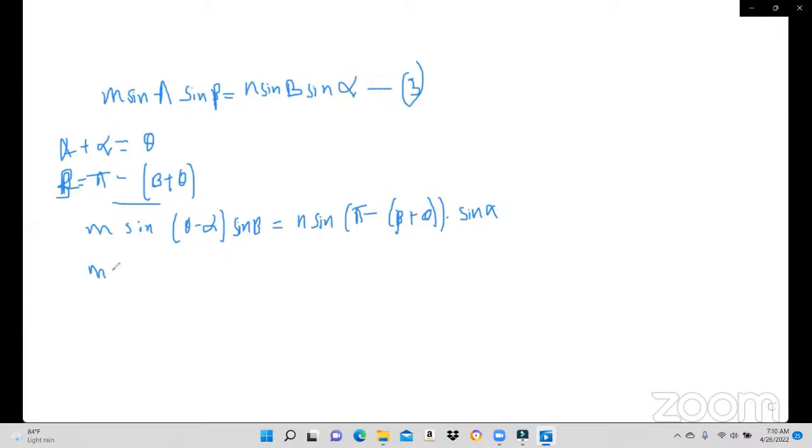M times sine beta, we'll put the bracket here and write sine theta minus alpha, which means sine theta cos alpha minus cos theta sine alpha, times this sine beta.